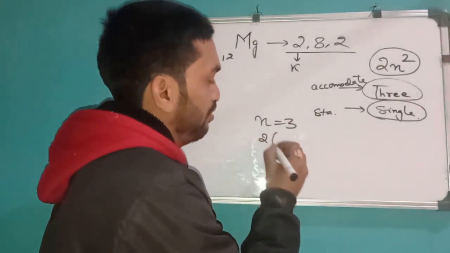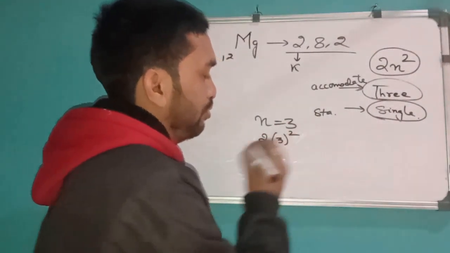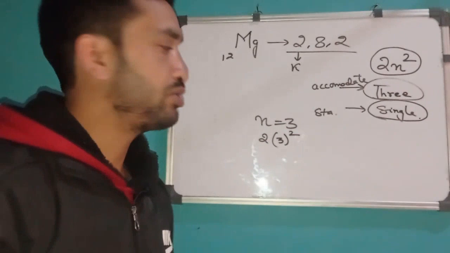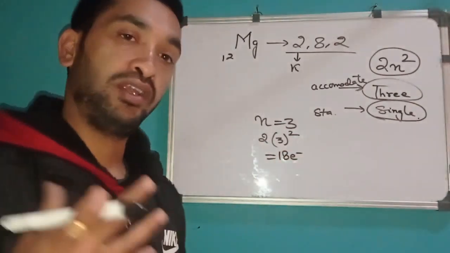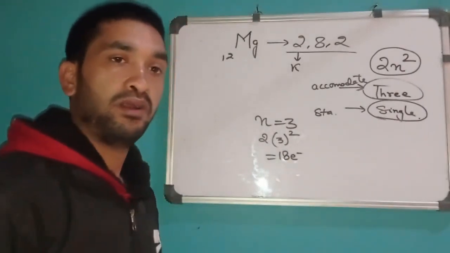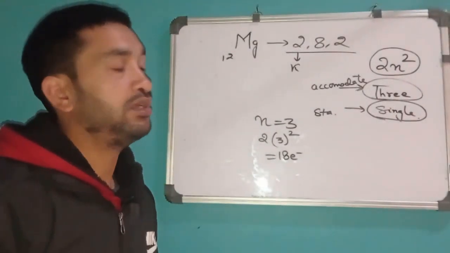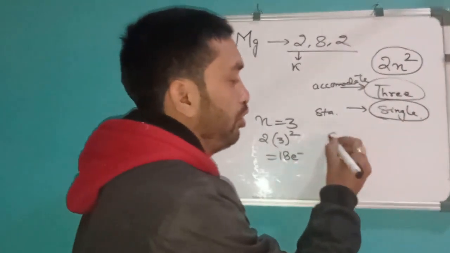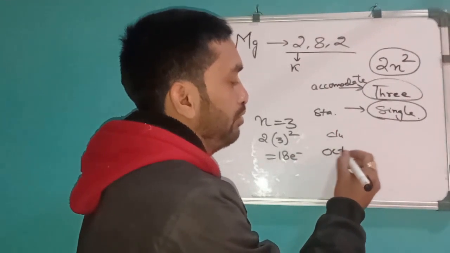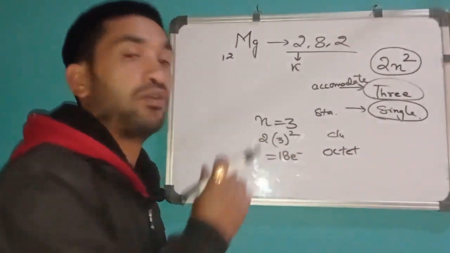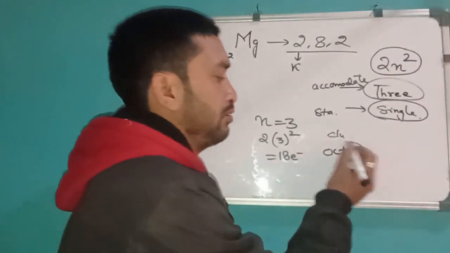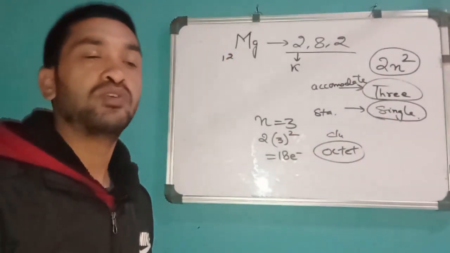Let's write the formula: 2 into 3 square, 2 nines are 18 electrons. It means the third shell can have 18 electrons. I can fill 18 electrons there, but again, stability depends only on duplet and octet. It means even if I can fill 18 electrons in the third shell, I won't fill. There will be 8 electrons because I need stability.